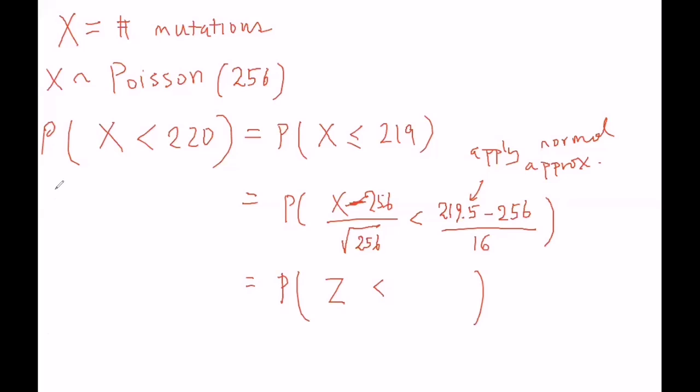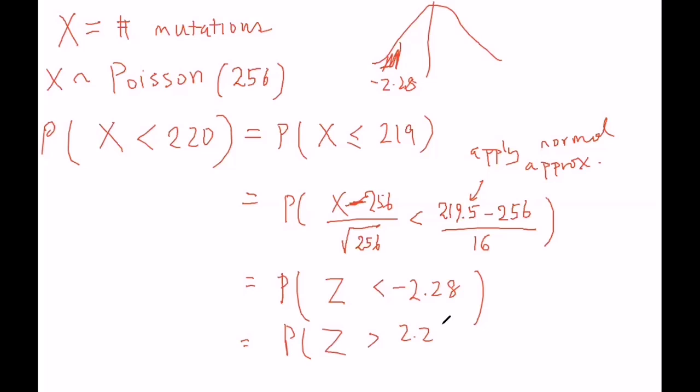Okay. So basically, you want this part here, which is the same as Z greater than 2.28, right? This piece here is the same as this piece, they are the same. So you can check the table, and I leave this to you.